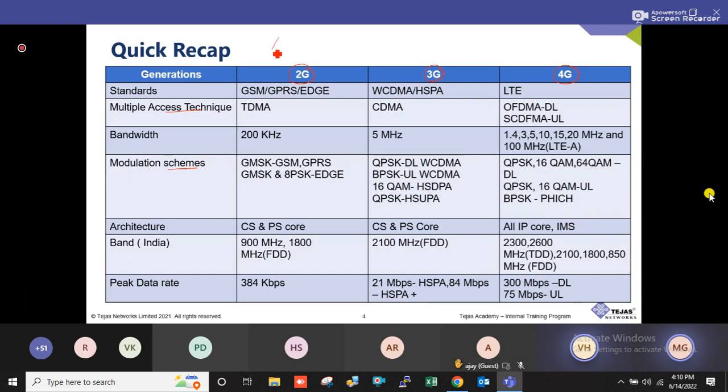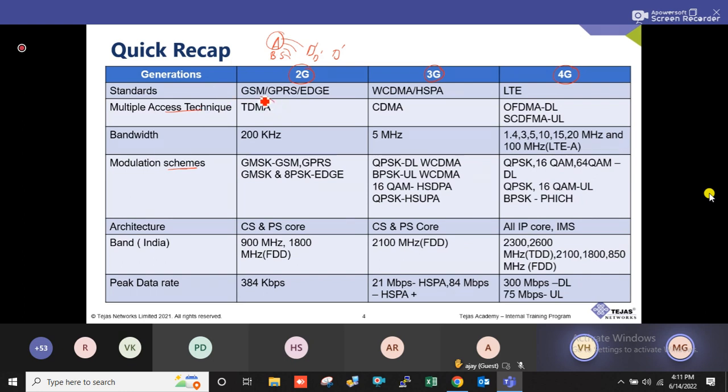An E-node B, or a base station, as we call it, has to share its frequency among multiple users, correct? This is called the multiple access technique. Accessing this E-node B from the mobile, because we have multiple mobile users here also. In 2G, we are using something called TDMA.